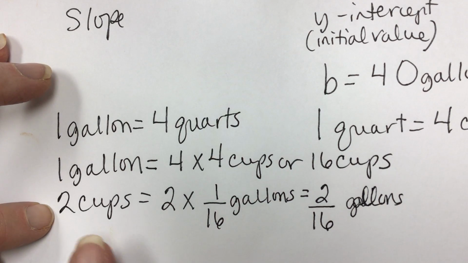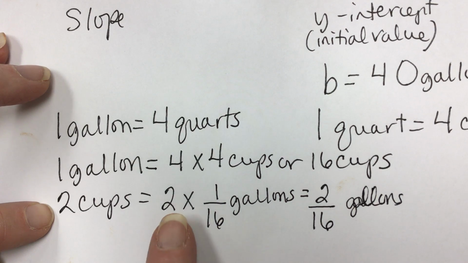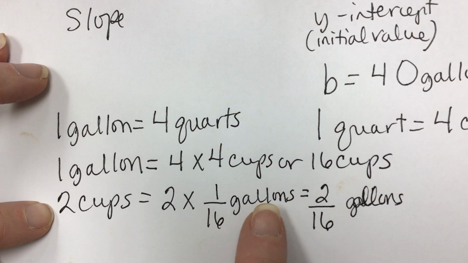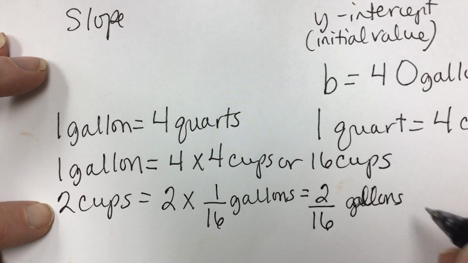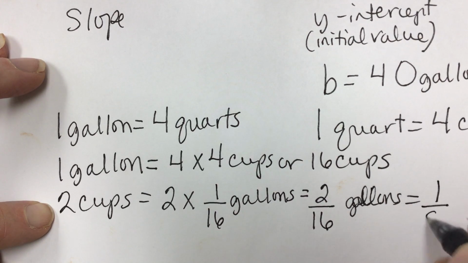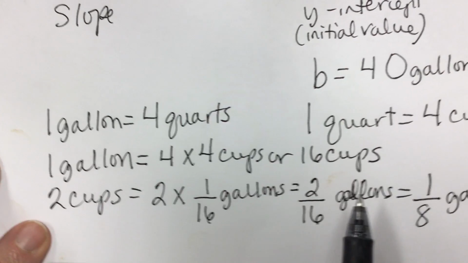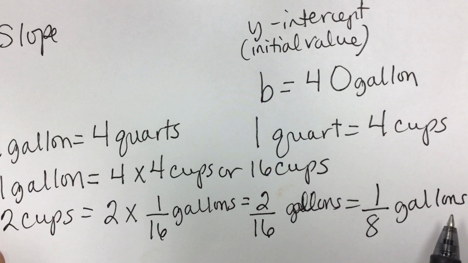No, I said that wrong. There's 16 cups in a gallon. So in relationship to 2, there's 2 out of 16 gallons. So that's 2/16 gallons. And this would reduce down to 1/8 gallons. So 2 cups is representing 1/8 of a gallon.